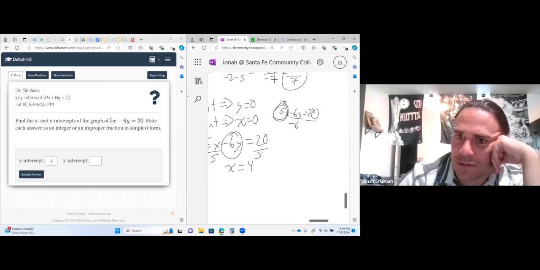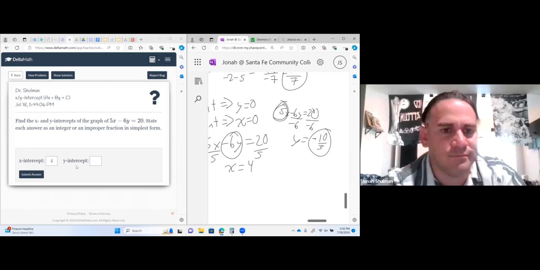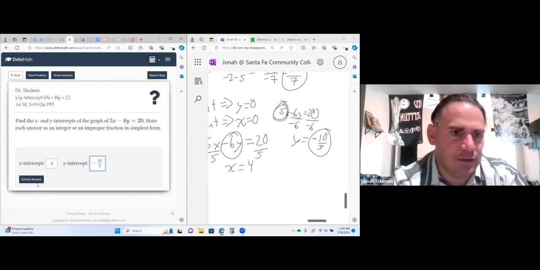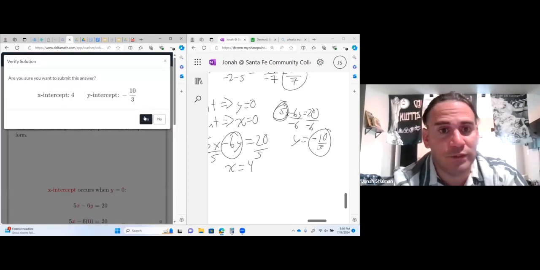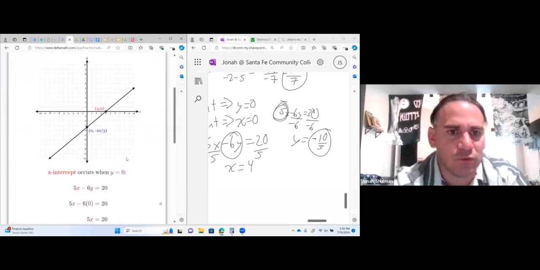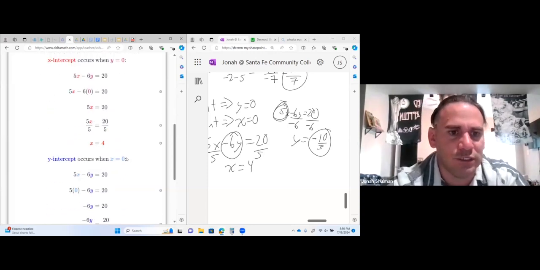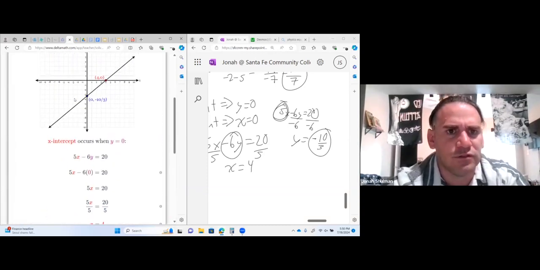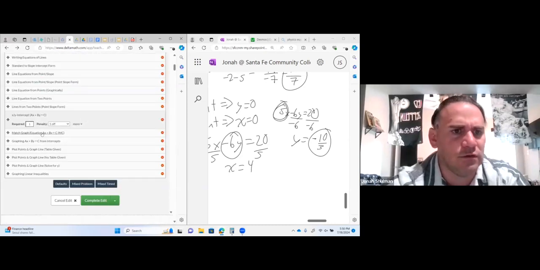Divide by -6. y equals 20 over -6 or -10/3. I think the points are better, but that's okay. Those are the points. We did it. We did ours this algebraic way instead of graphing the 2 points or writing the graph and finding it.